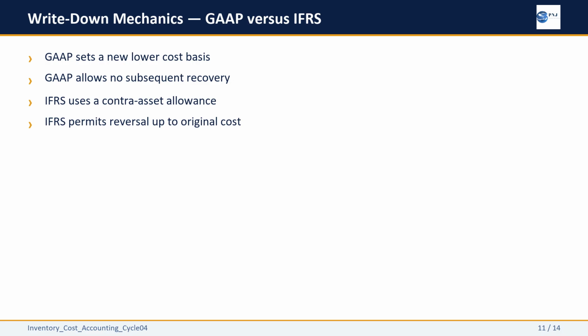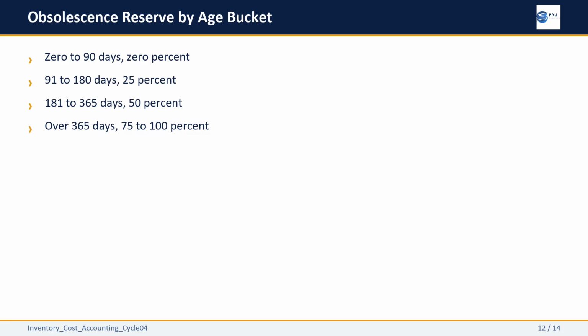Now, for items not yet fully impaired, there is a more gradual tool. For items showing signs of trouble but not yet fully written down, you build an obsolescence reserve, an allowance set by how long the stock has aged.